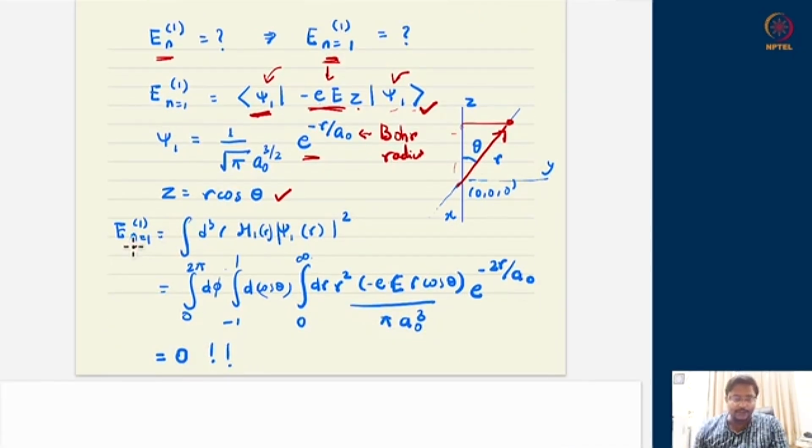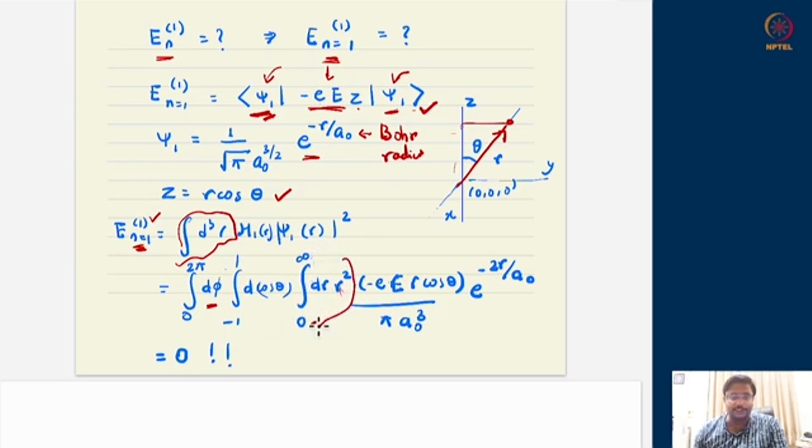So En1, the ground state first order correction, is this integral of psi1 star, which together with psi1 makes psi1 mod square, and the Hamiltonian. Let us write these things nicely. The d3r integral can be broken into three pieces: the d phi integral from 0 to 2 pi, the d theta integral with a sine theta coefficient, which can collectively be written as d cos theta running from -1 to 1, and the dr integration with a measure r square running from 0 to infinity.